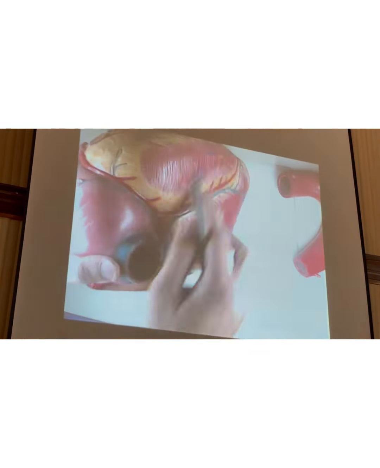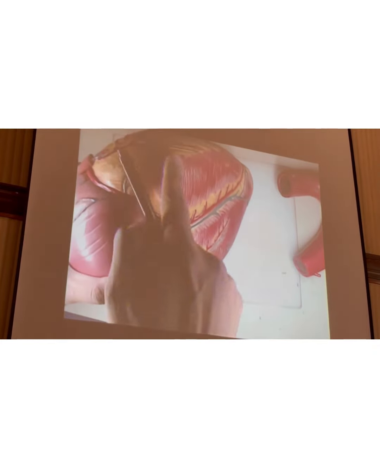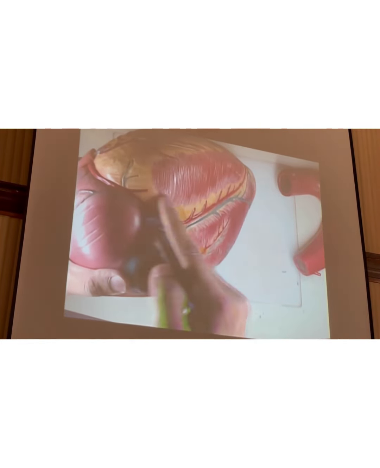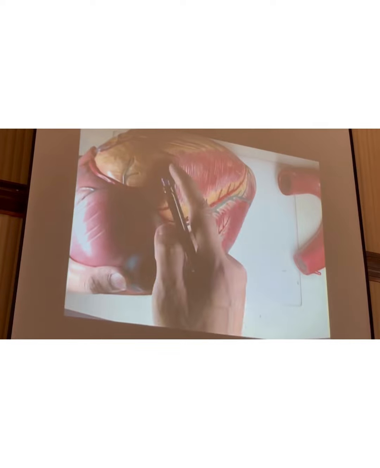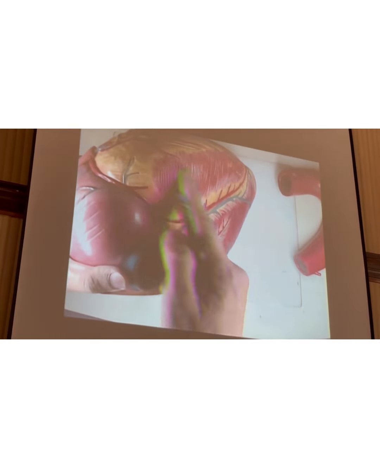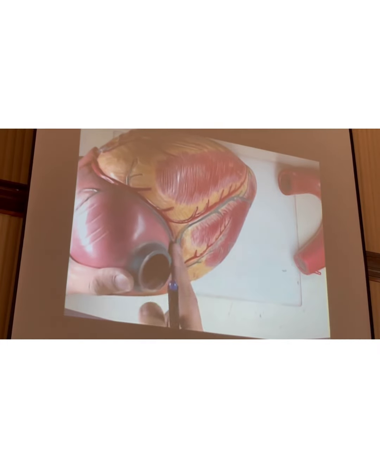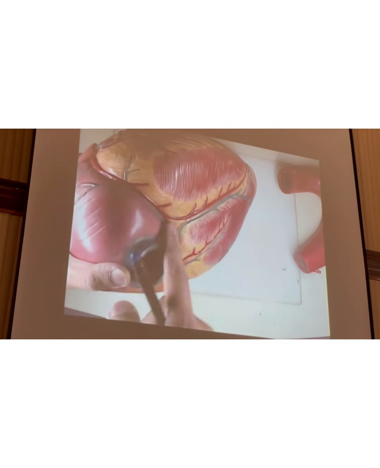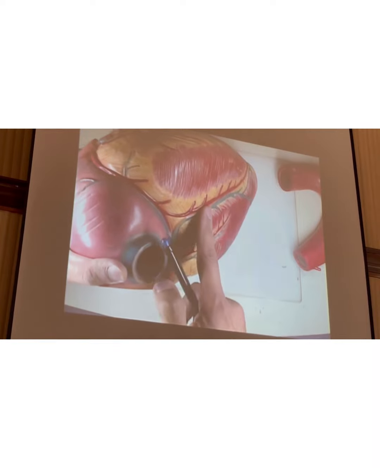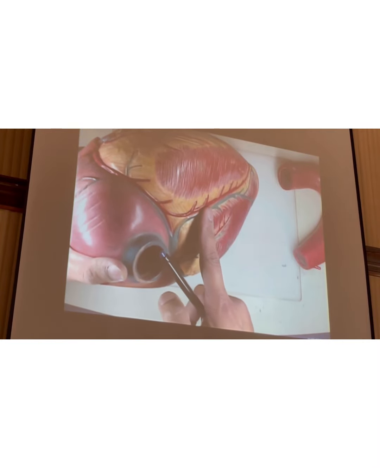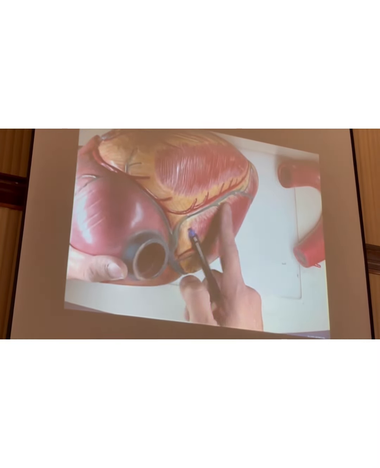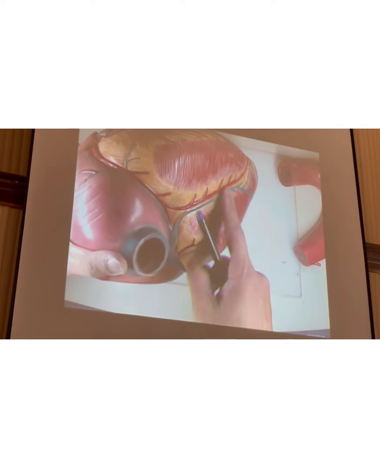The continuation, to the right ventricle, gives 2 or 3 posterior ventricular arteries. These are the posterior ventricular branches. The continuation runs in the posterior interventricular groove and is called the posterior interventricular artery or posterior descending artery.